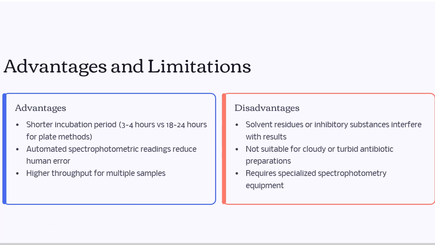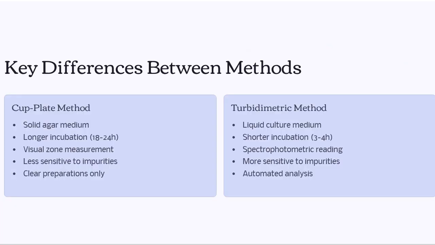We also use automated spectrophotometric readings, which reduce human error and give higher throughput for multiple samples. The disadvantages are that solvent residues or inhibitory substances interfere with the results, it is not suitable for cloudy or turbid antibiotic preparations, and it requires specialized spectrophotometry equipment.